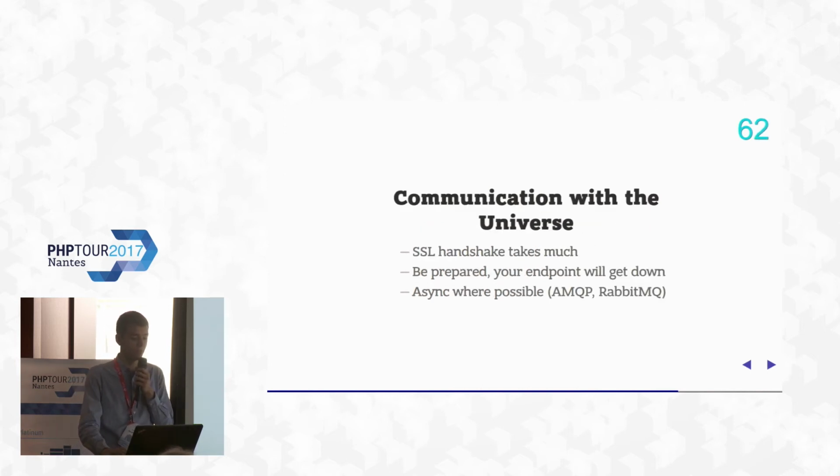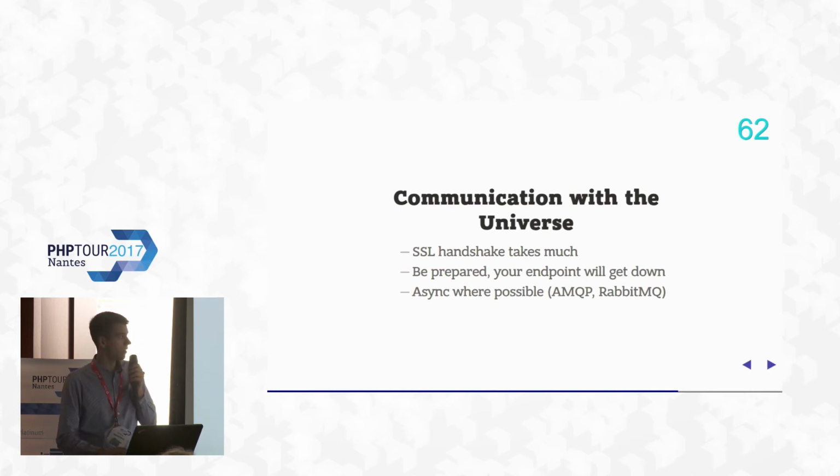Communication with the universe. Remember that SSL handshake takes much time, about 200 milliseconds at least, if the network is fast enough. So in case it is possible to communicate with some other server via HTTPS under a secure VPN connection, it's a preferred way.